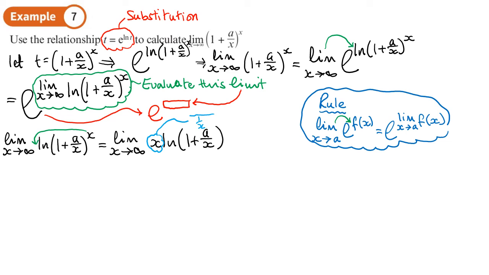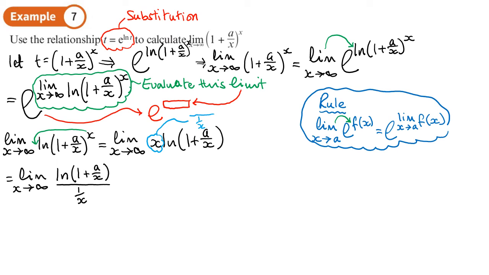So the next step now would be to write this as the limit as x tends to infinity of log 1 plus a over x divided by 1 over x.